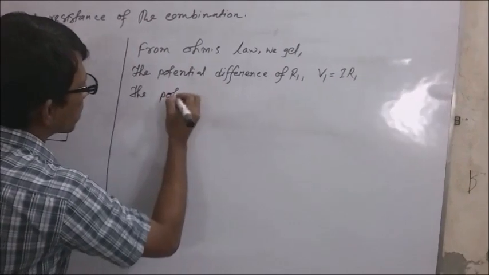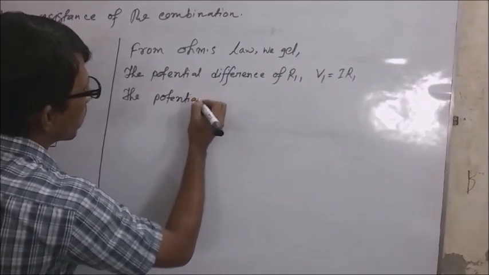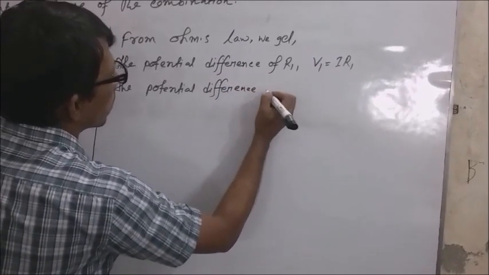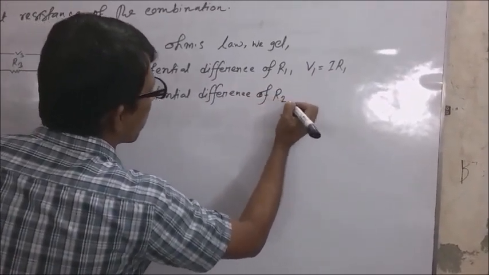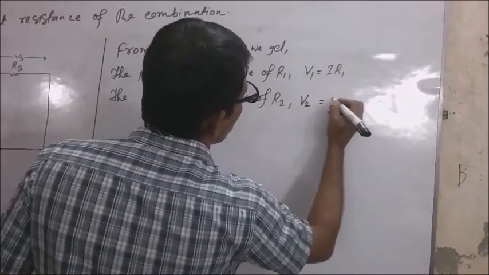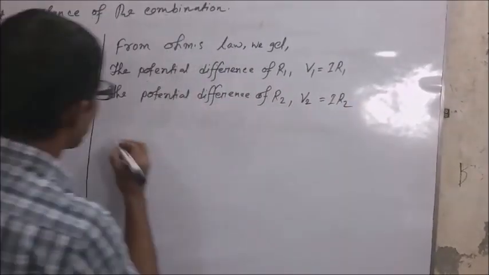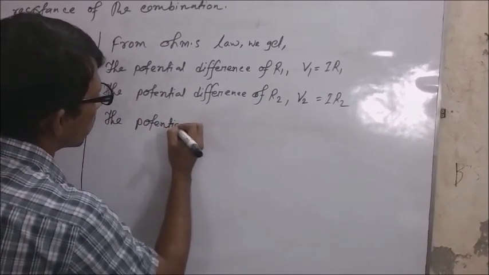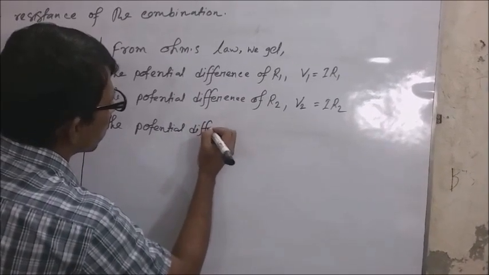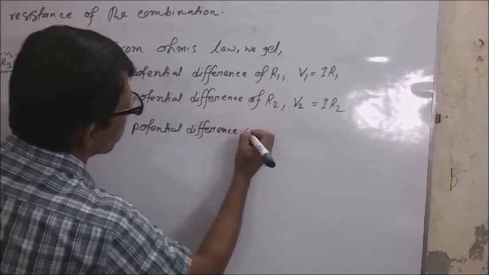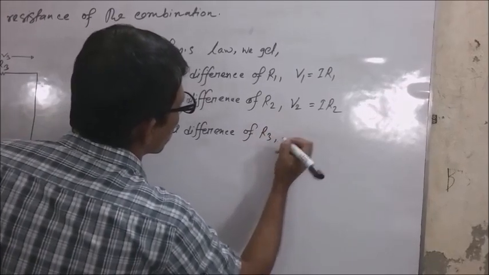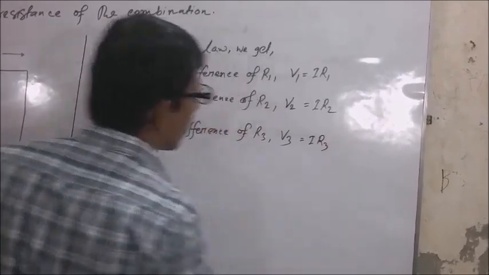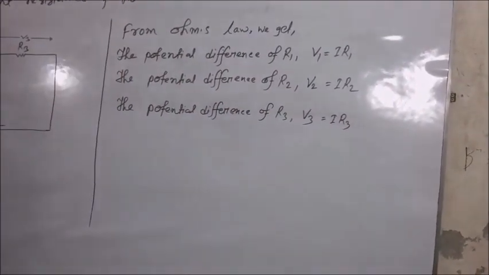The potential difference of resistance R2, V2 equal to I R2. The potential difference of R3, V3 equal to I R3.